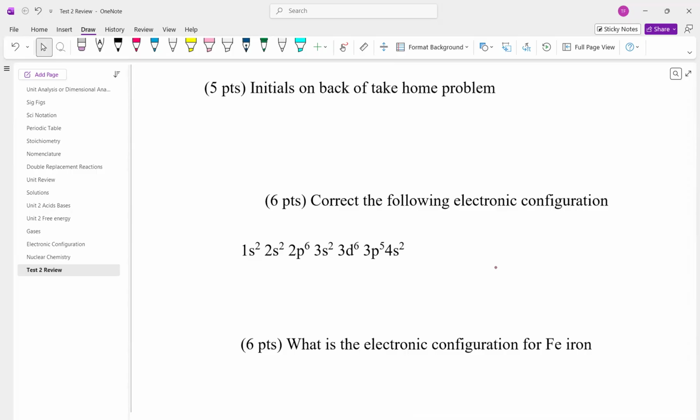So what did you have down for an answer? 2s2, 2p6, 3s2, 3p6, 4s2, 3d5. And why not six? Did you count total electrons?